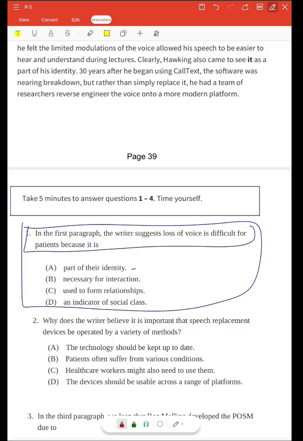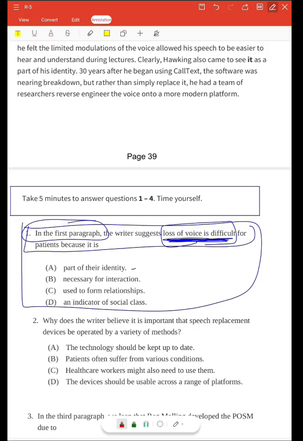The second tip is to underline the keyword. The keyword is loss of voice is difficult, and we know we need to go to paragraph 1 directly. Thirdly, we need to scan only the relevant keywords or relevant paragraph.